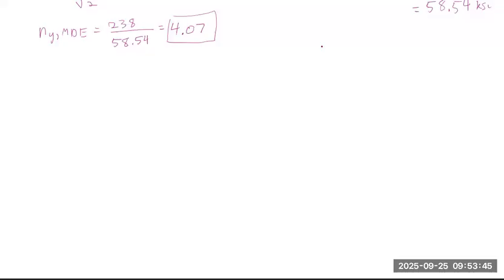So for point C, we also have two locations. First, you're going to start with the positive and negative Y faces.